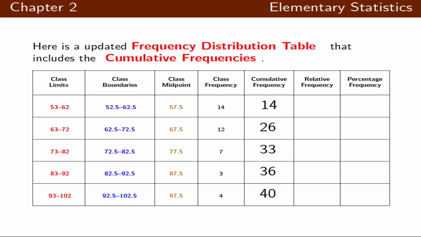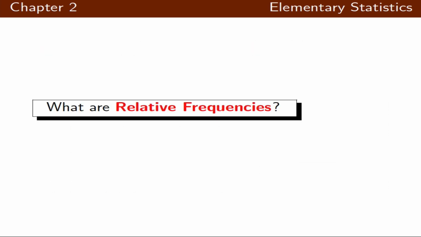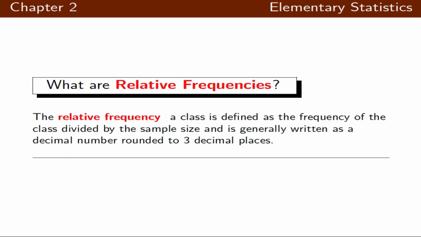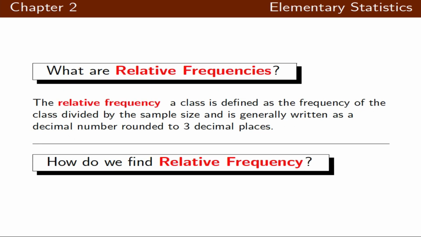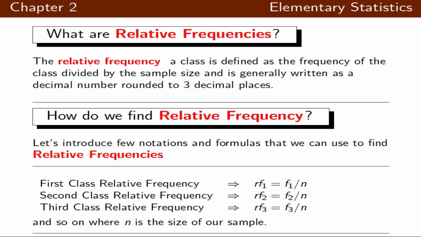The relative frequency will be taking the frequency and converting it into a relative frequency. And we're going to keep 3 decimal places for our calculation. So in order to find the relative frequency, we take the frequency of each class divided by the total sample size. So frequency of the first class divided by 40, the total sample size. Frequency of the second class divided by 40 for the second class relative frequency.